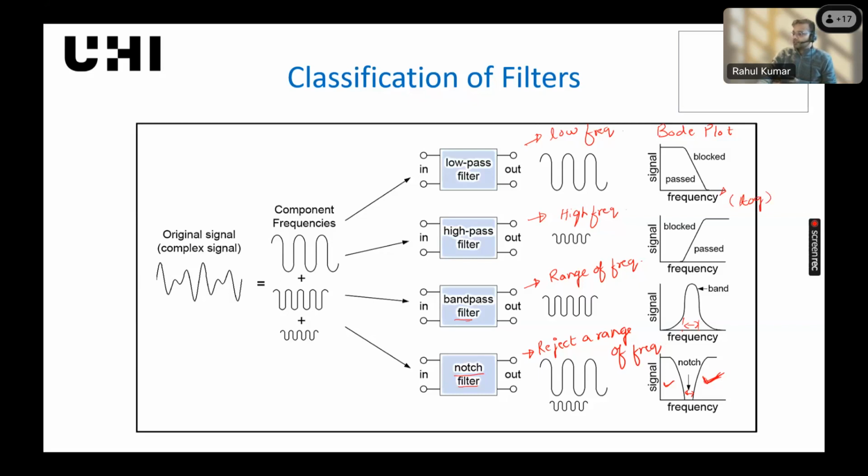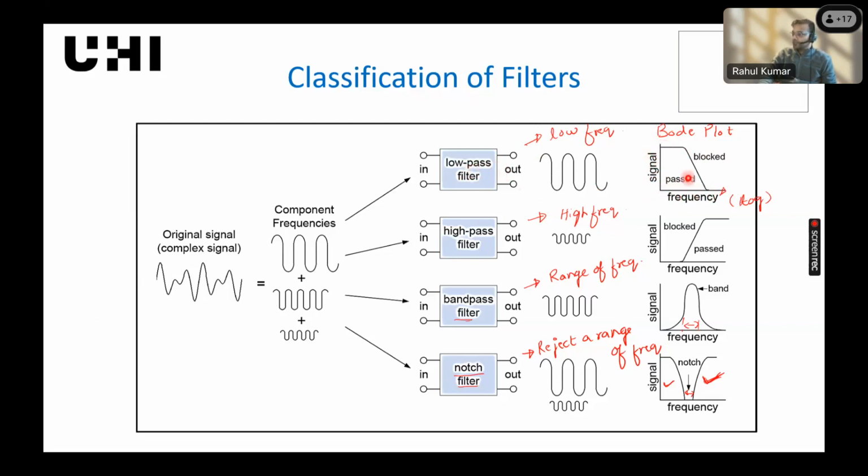So a low pass filter, it will allow low frequencies to pass, all with same amplitude. So if we look at this Bode plot for this low pass filter, so along the x-axis you have the frequency, and along the y-axis you have the signal in dB, in decibel.